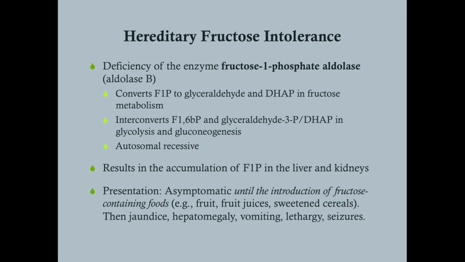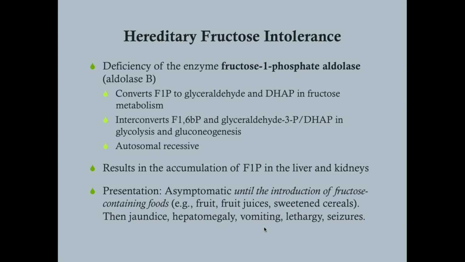And now there's going to be problems because that fructose gets converted to fructose 1-phosphate, and that fructose 1-phosphate has nowhere to go, and it's going to cause renal and hepatic problems. So the initial symptoms will emerge once the child starts eating table food. And they can get jaundice and hepatomegaly, vomiting, lethargy, and seizures, and that all has to do with hypoglycemia. And hypoglycemia is a sign of hereditary fructose intolerance.